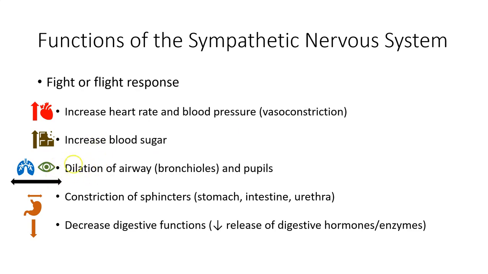The sympathetic nervous system promotes dilation of our airway at the level of the bronchioles to allow us to get in more oxygen, and it promotes dilation of our pupils to make us more aware. At the same time, it turns off some of our digestive functions through constrictions of sphincters in the stomach, intestine, and urethra, and by decreasing the release of digestive hormones and enzymes.